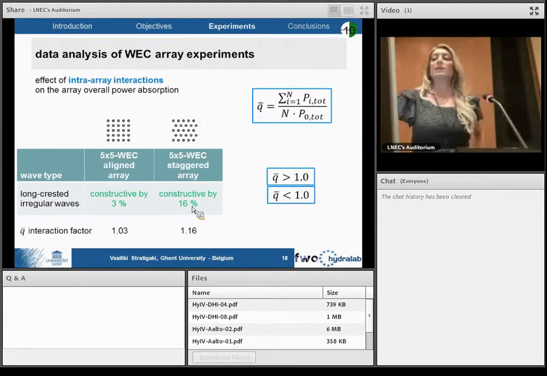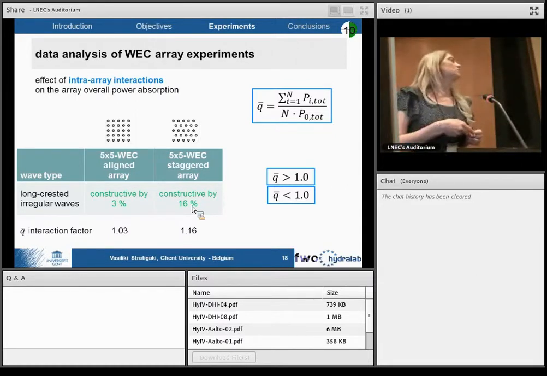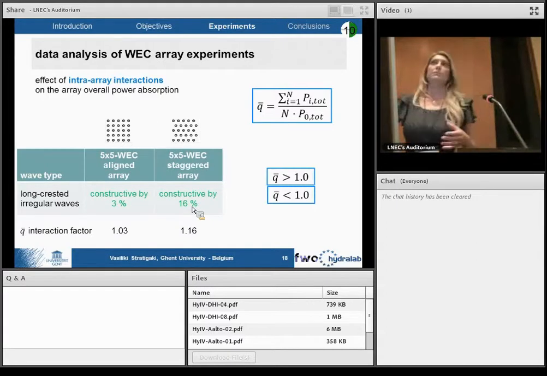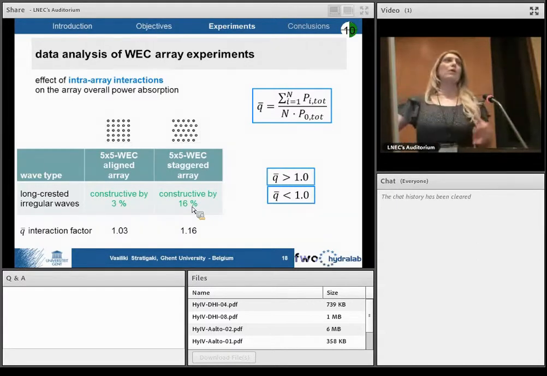It actually means that positive interactions compensate the negative interactions. And we know that there are interactions because none of the WECs of the array has power output equal to the power absorbed by an isolated device.